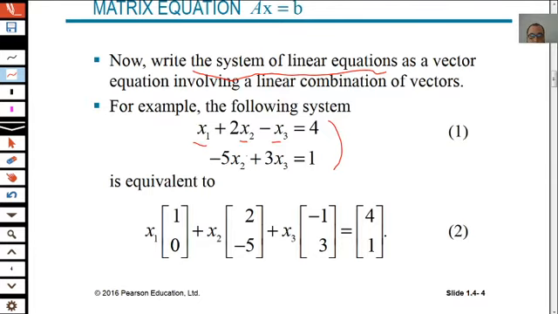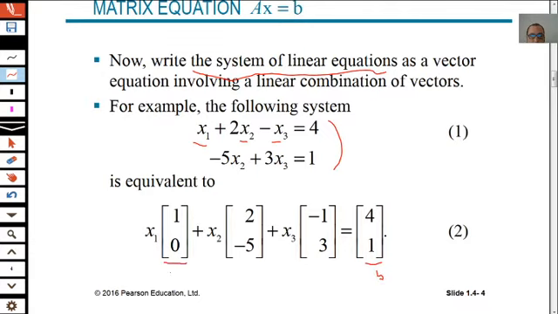So it is equivalent to x1 times the coefficients of x1, (1, 0). You see the coefficient of x1 for the first equation is 1, and for the second is 0. x2 has the coefficients 2, -5, and x3 has -1, 3. And the right side is the vector b.